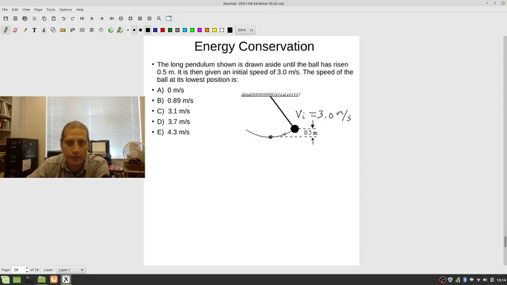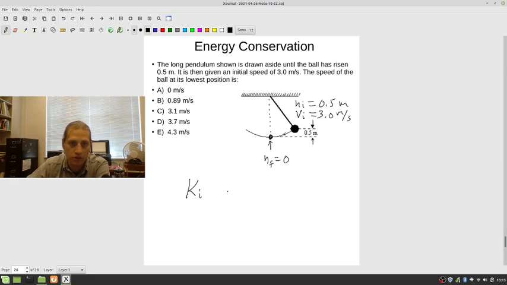You've got to add up the types of energy at the beginning and set it equal to the types of energy at this point. So if you choose your height nicely, where this would be a height of 0, and this initial height would be 0.5 meters, you can set it up such that at the beginning it has both kinetic and gravitational energy.